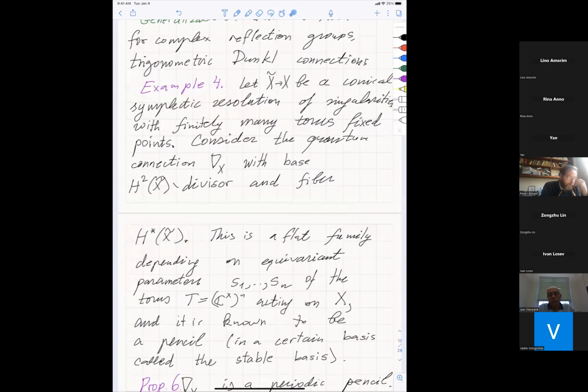So I'm talking about examples where it is conjectured that the quantum connection always has rational coefficients. Maybe I should mod out by the cohomology. This is cohomology with coefficients in C star, which is a torus.